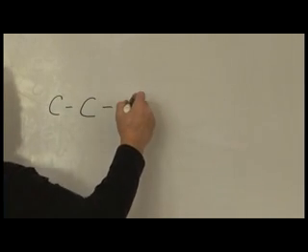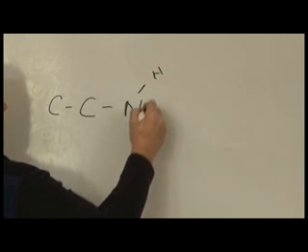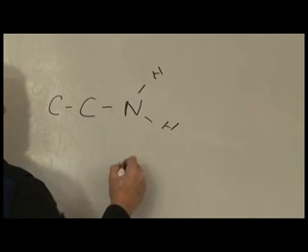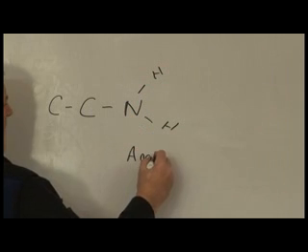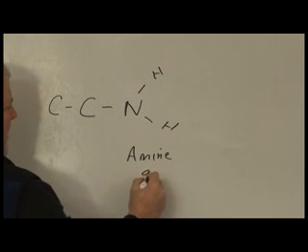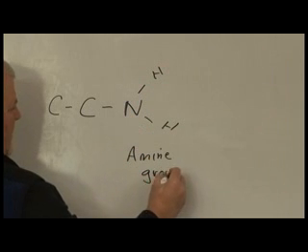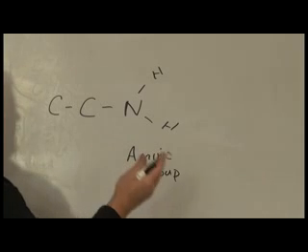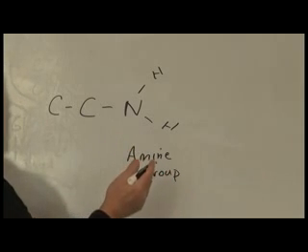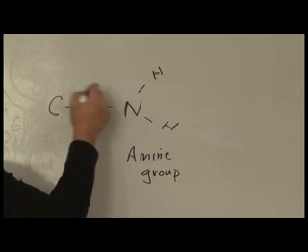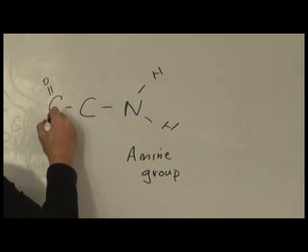And then if it's a free amino acid, we would have two hydrogens attached to the nitrogen. And that is an amine group. And hence, that's where the name amino comes from in an amino acid. The first carbon over here is a carboxylic acid group.